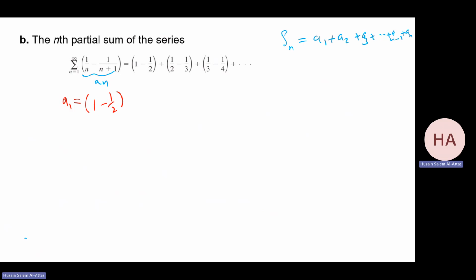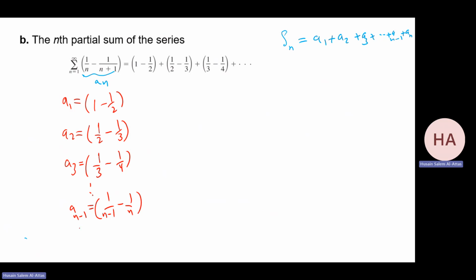I'm doing it in detail. a2 will be 1 over 2 minus 1 over 3. a3, 1 over 3 minus 1 over 4, and so on. a(n minus 1) will be 1 over n minus 1 minus 1 over n. an is 1 over n minus 1 over n plus 1. That's the first example, so I'm doing it in detail.